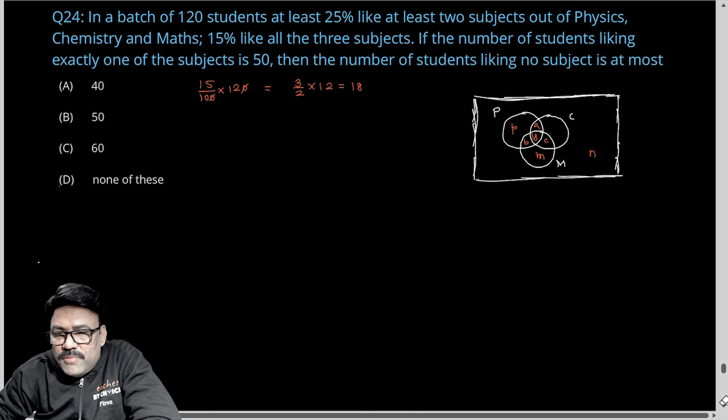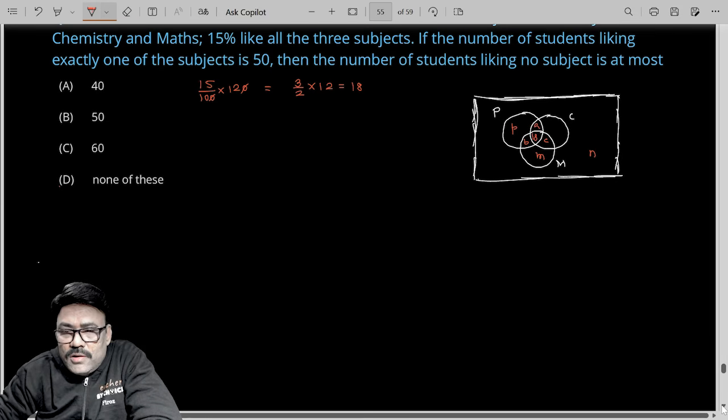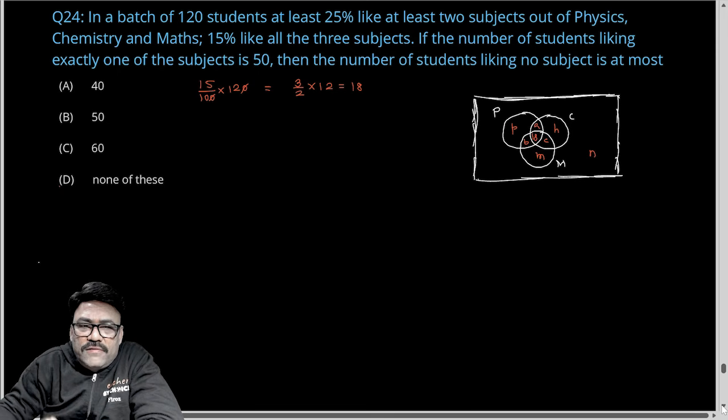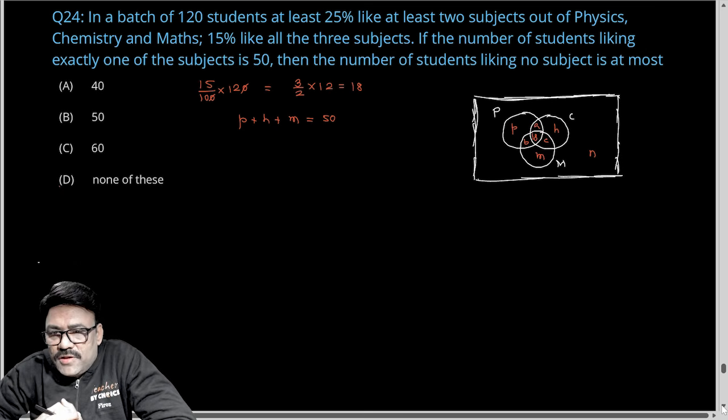So physics is P, mathematics is M, let's say chemistry is H. So exactly one subject: P plus H plus M is 50.